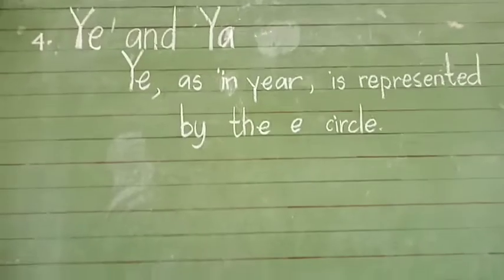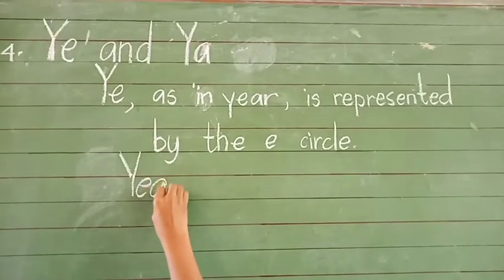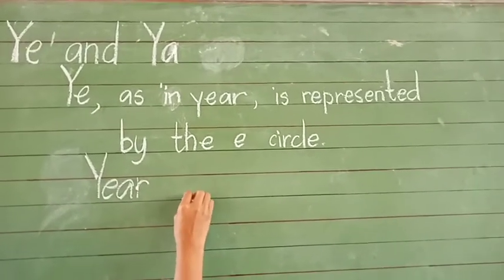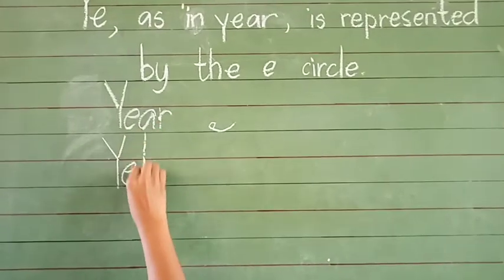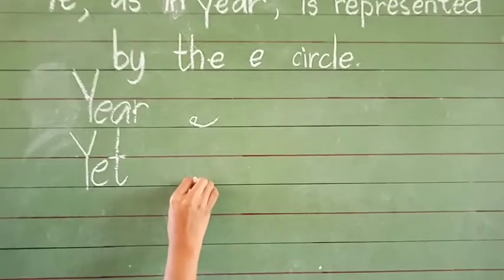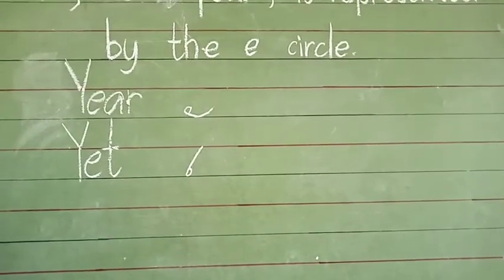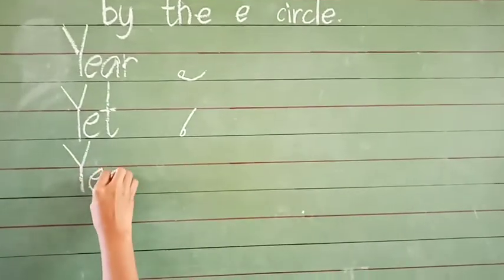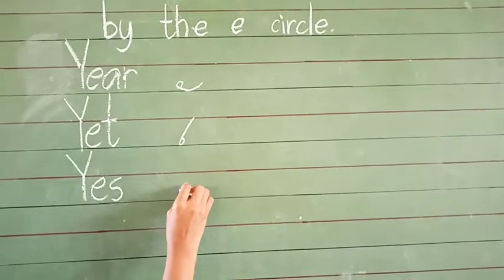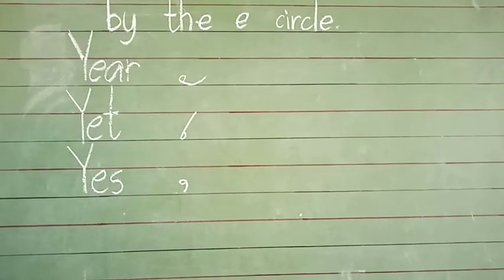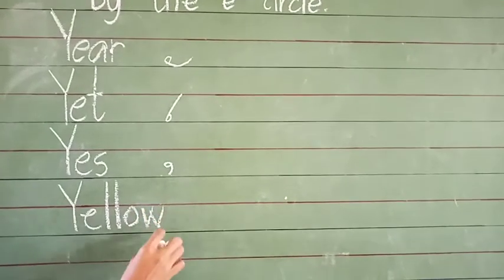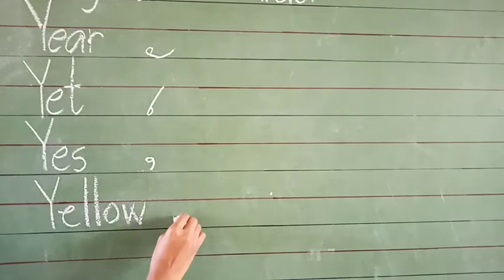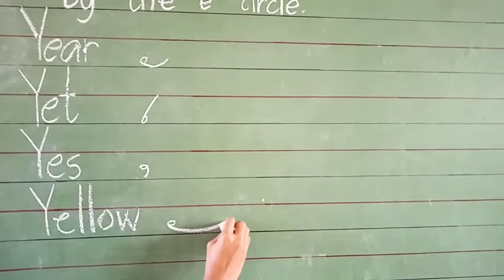For example, year is represented by E and R. Yet, represented by E and T. Yes, is represented by E and S. Yellow is represented by E, L, and O. We are done in ye, and let's proceed to ya.